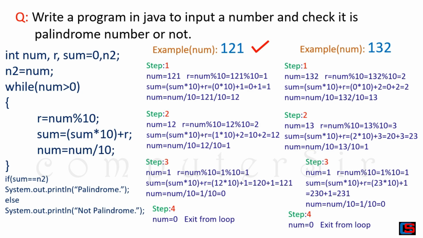So sum is 231 and n2 is 132, which are not equal, and that's why the else block of the if statement is going to execute and print not palindrome. So as per this Java code, 132 is not a palindrome number, and you can easily understand the concept.